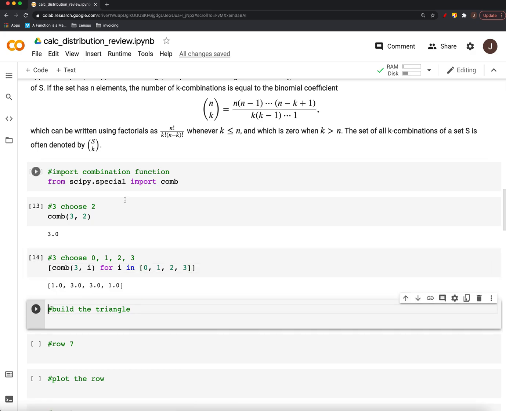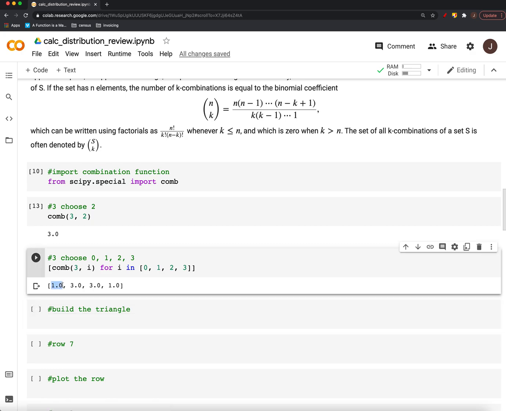And there are all of our possible outcomes. So this is how many ways there are to choose 0, 1, 2, and 3, or how many ways there are to get no heads, which would just be all tails, 1 head, 2 heads, and 3 heads.